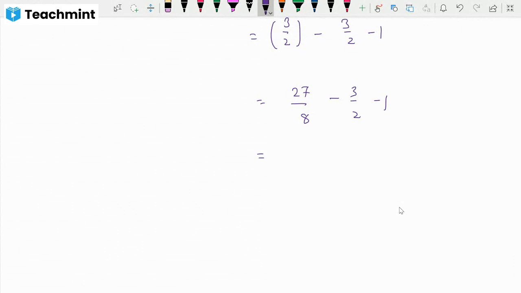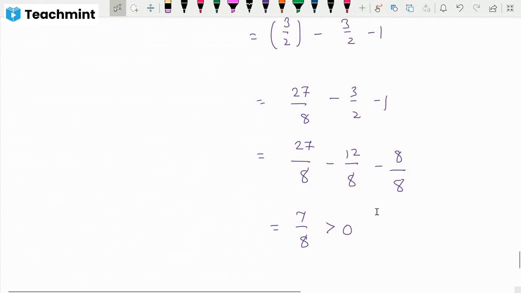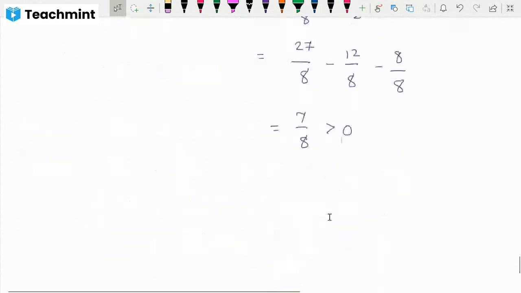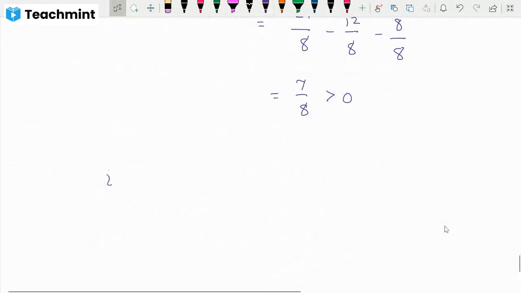So it will be 27 upon 8 minus 12 upon 8 minus 8 upon 8. That will be 7 upon 8, which is strictly greater than 0. So here f(x0), that is f(1.5), is positive.